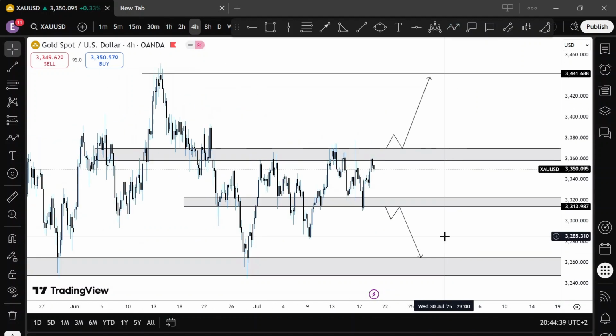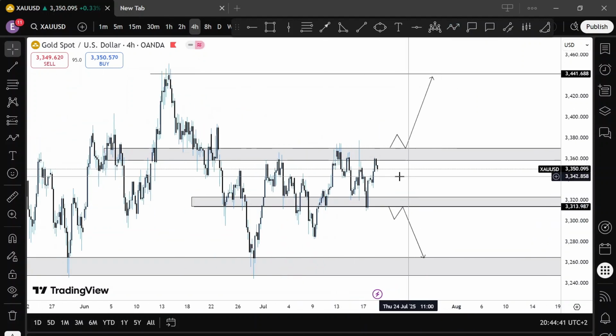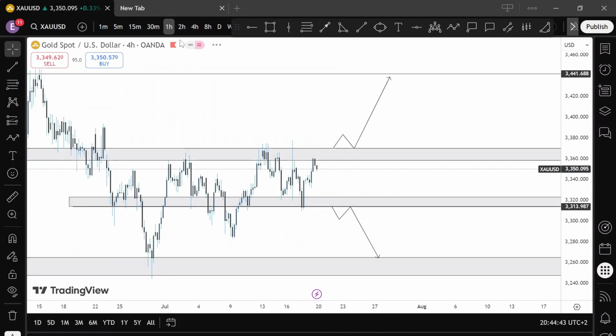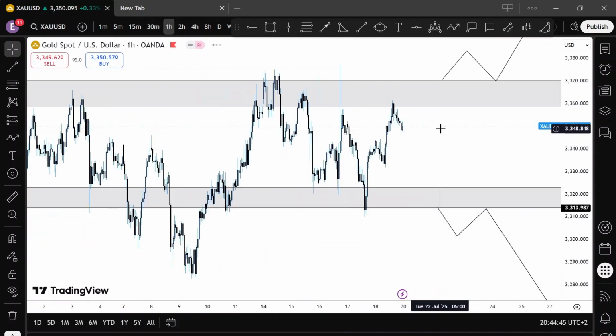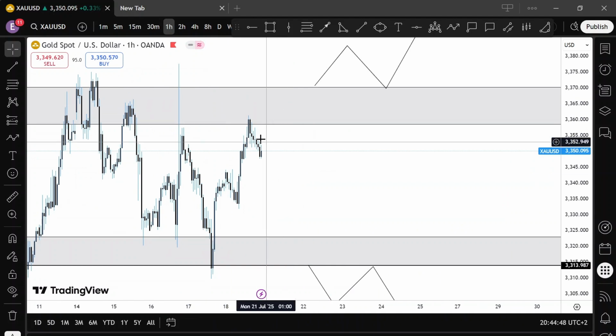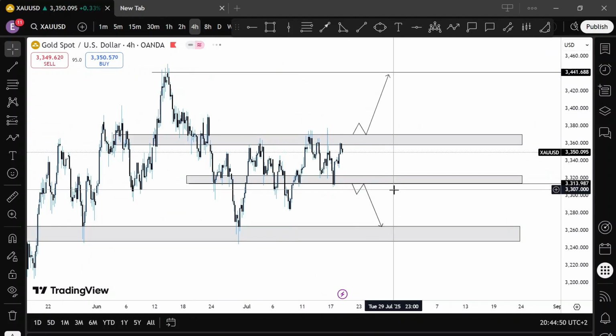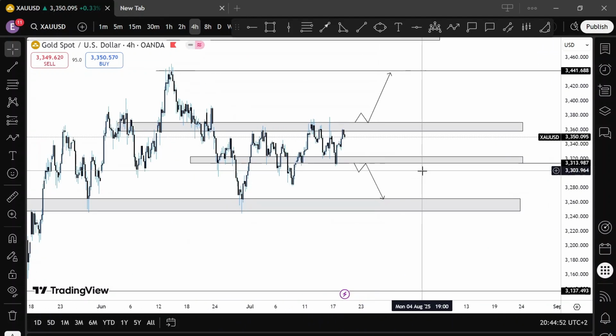This is still my analysis for gold. If you trade gold very often, you could actually try to buy and sell within these ranging regions, which is not really my style.